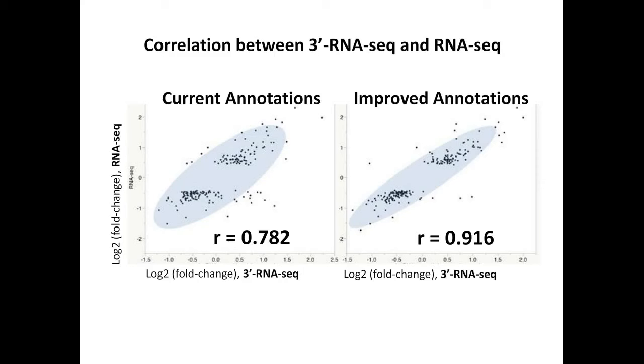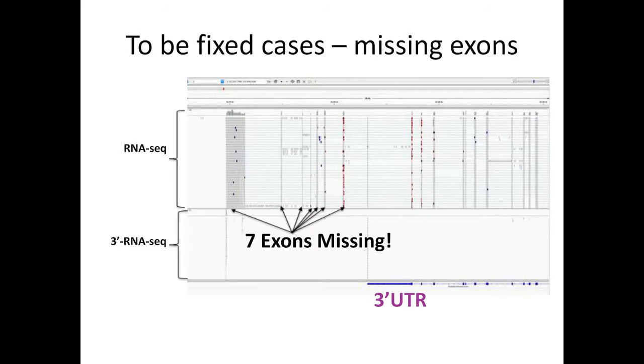So correlation 0.78 compared to correlation 0.91 shows that all the improvements that we did for the gene model using 3' RNA-seq data helped us reach high accuracy. But even with this 0.916, we think there's room for improvement, because there are other problems that, for example, here we still haven't fixed. We are working on fixing these problems.